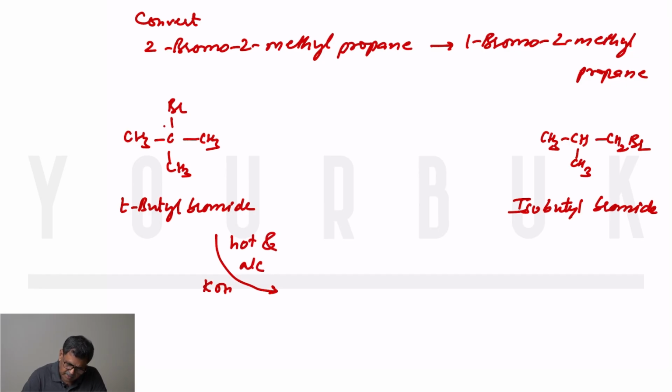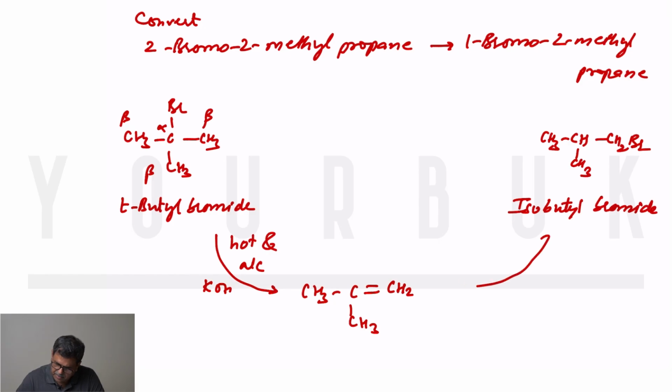There is 1 alpha and 3 beta carbons present, and all 3 beta carbons are identical. So you can remove H from any beta carbon, so only one alkene is possible. And then you add HBr according to anti-Markovnikov rule in the presence of organic peroxide. So this is the way by which we can change the position of the functional group.